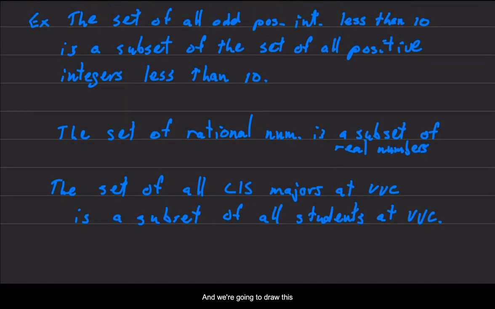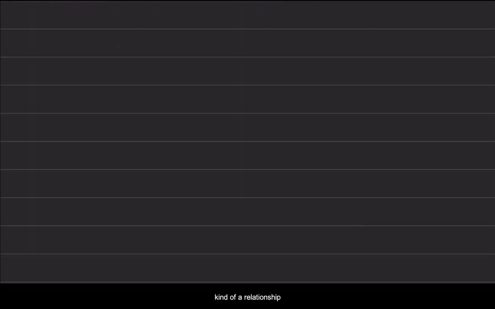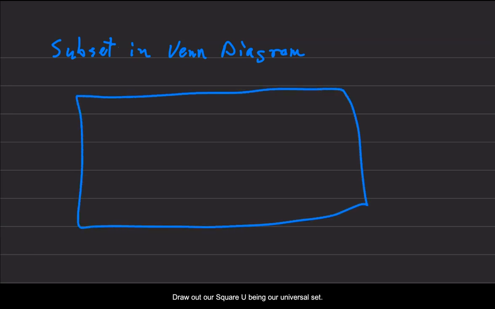And if we're going to draw this kind of a relationship in a Venn diagram, draw out our square, U being our universal set.